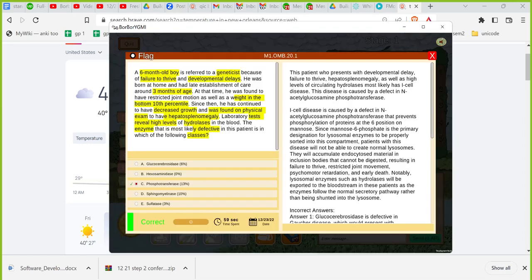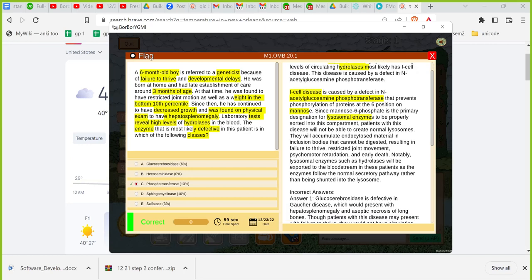So we had hepatosplenomegaly, hydrolases. This is I-cell disease. It's N-acetylglucosamine phosphotransferase, present in phosphorylation of the 6-position of mannose. This is one of the lysosomal enzymes.